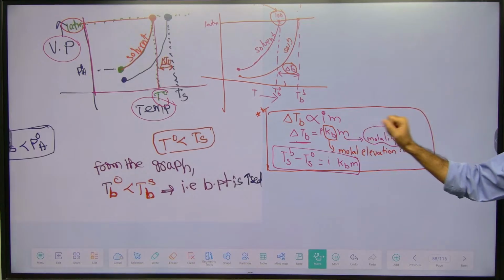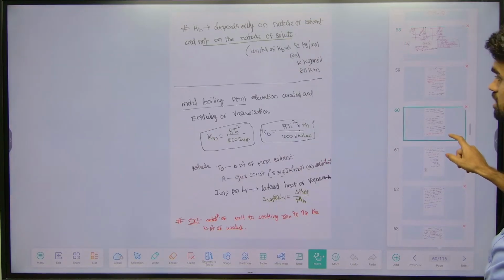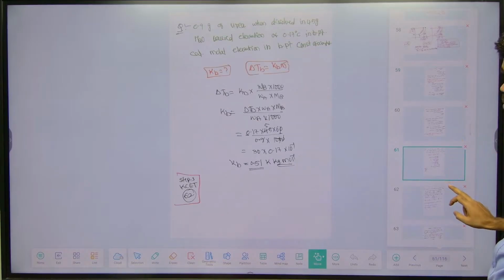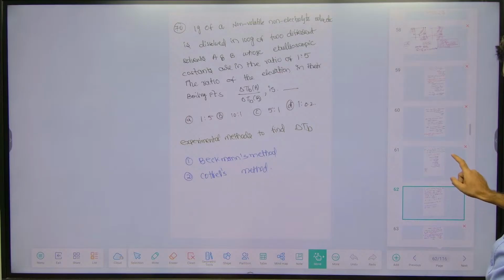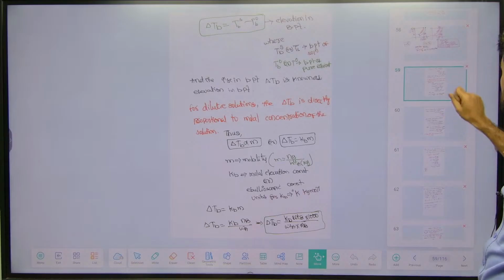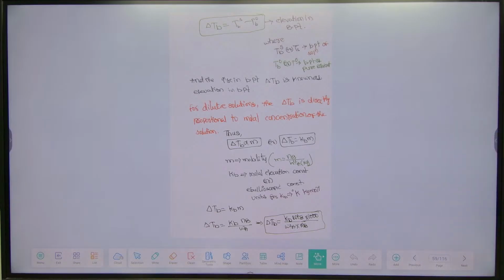These formulas done? Write a question, everyone.